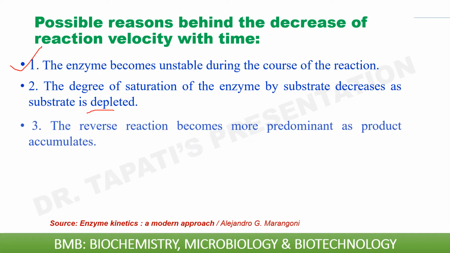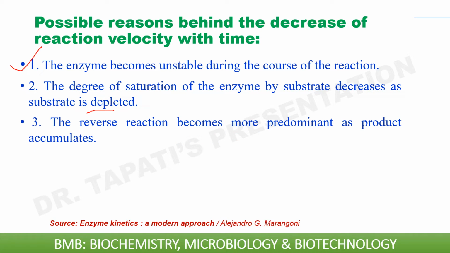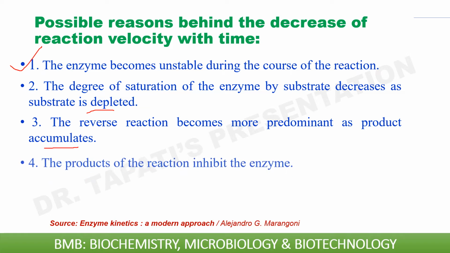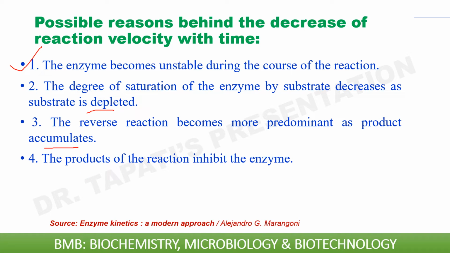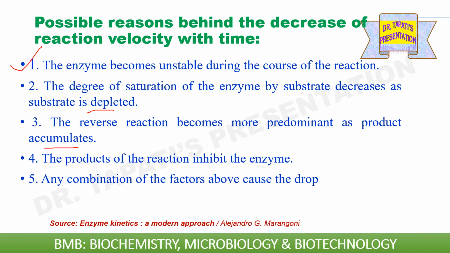The third reason may be that the reverse reaction becomes more predominant as product accumulates. The fourth reason is that the products of the reaction inhibit the enzyme, or any combination of the factors above cause the drop of reaction velocity with time.